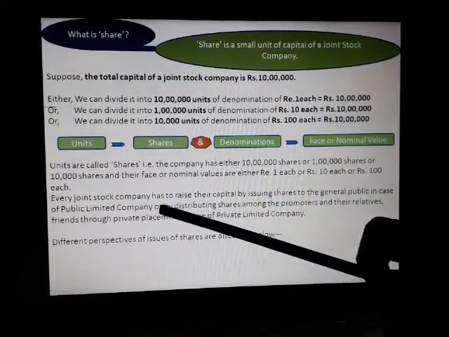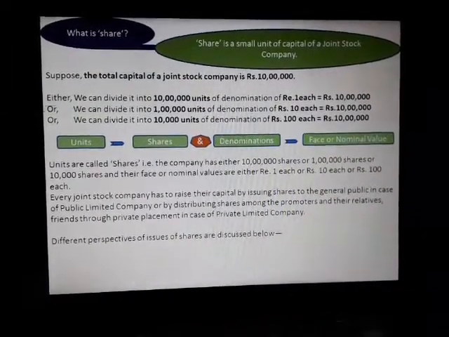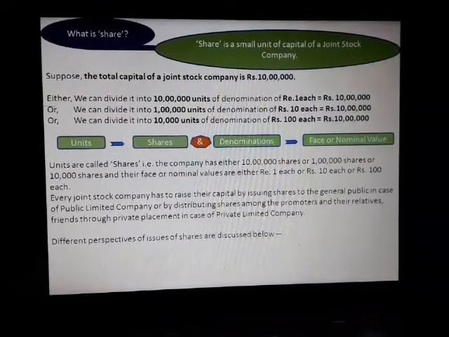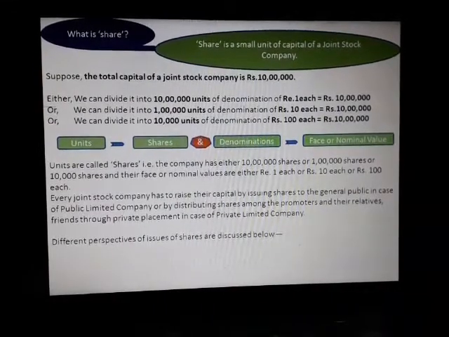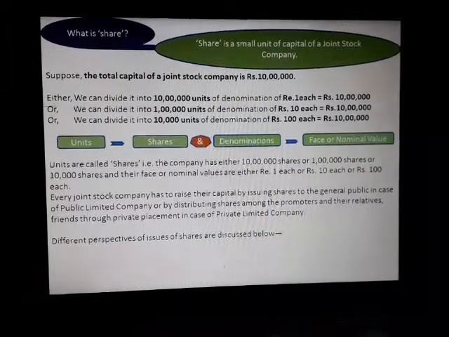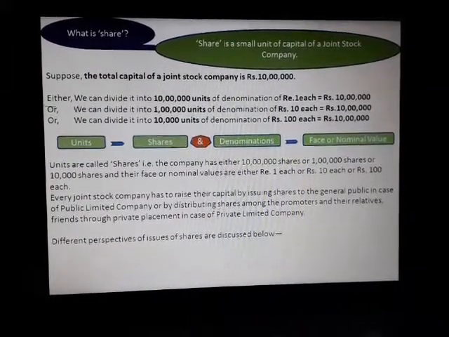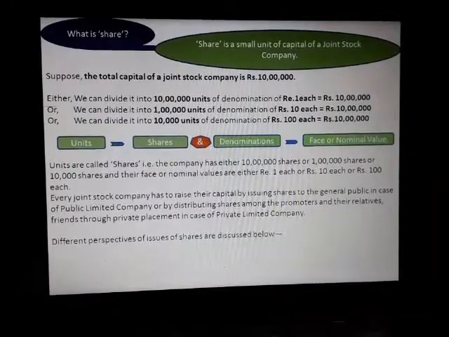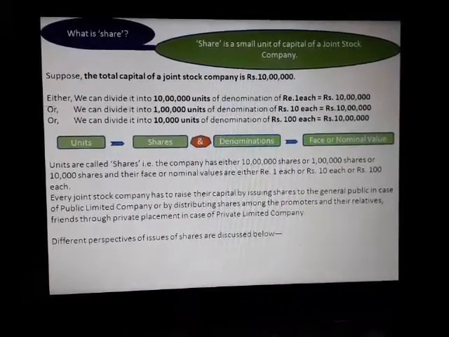Every joint stock company has to raise their capital by issuing shares to the general public in case of public limited company, or by distributing shares among the promoters and the relatives, friends through private placement in case of private limited company. With respect to this, we have to remember one thing. There are two types of companies.